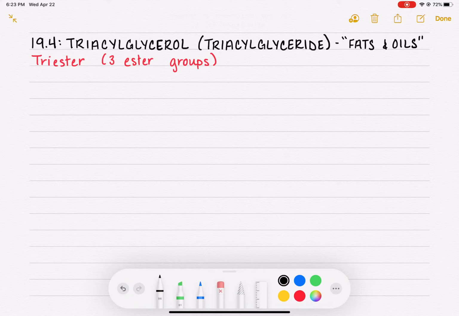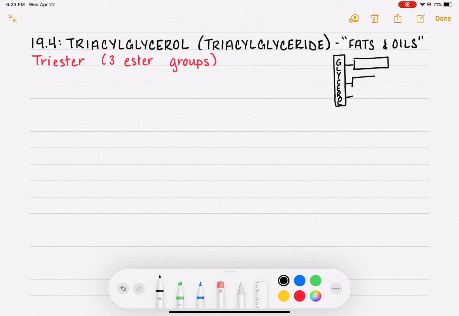If you remember at the beginning of chapter 19, I drew a cartoon type diagram of what a triacylglycerol looked like. It had this shape where there was one portion along the backbone. We call it the backbone. I told you it was called glycerol.